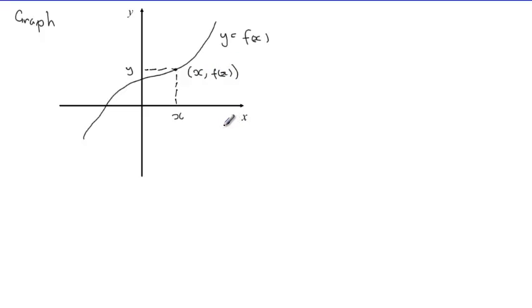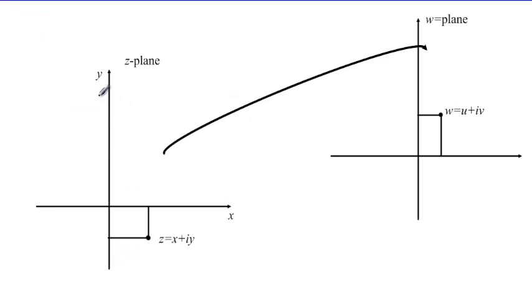Okay. Now, when you come to functions of complex variable, this kind of representation is a bit challenging. So what I'm trying to say is that it's not very easy to plot functions of complex variable like we did with functions of real variables, especially single variables. Now, in functions of complex variables, we've got a situation like this. Let's say we've got a plane here, which we can call a z-plane.